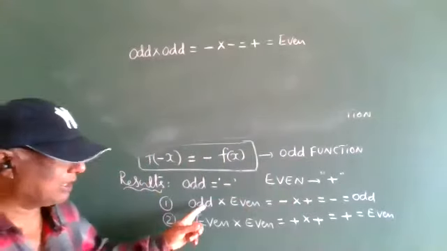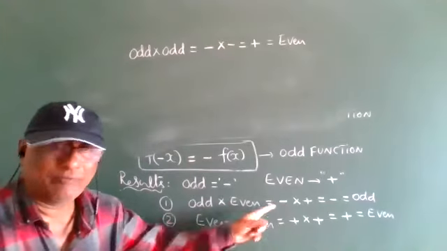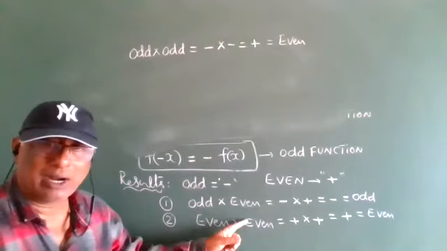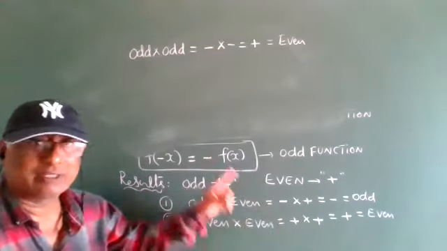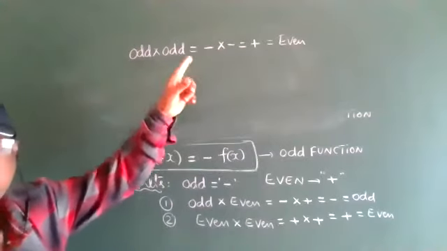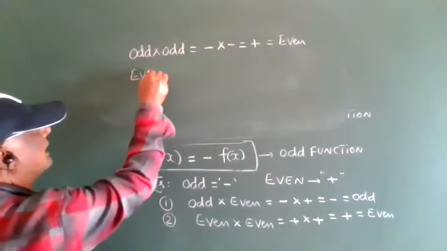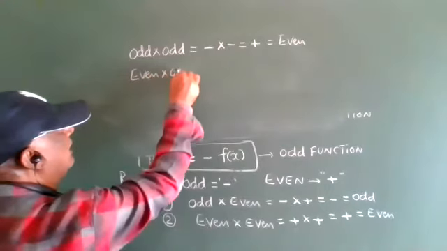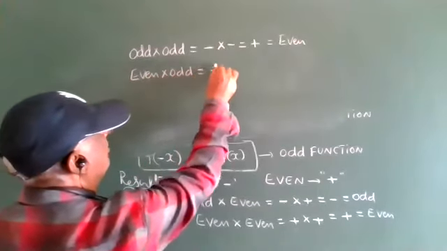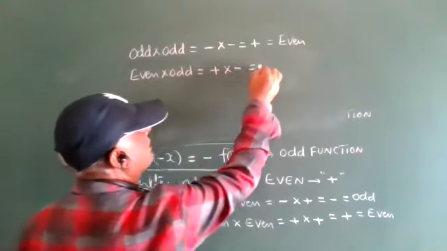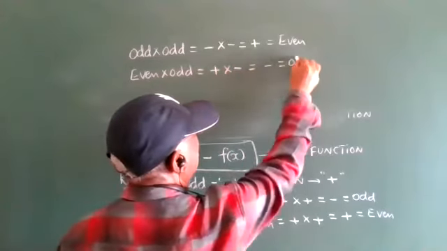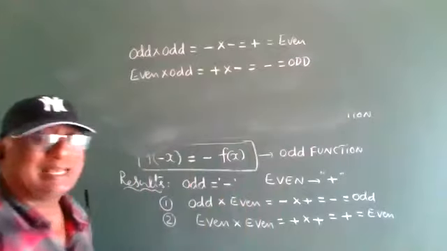So the results: odd into odd is an even function. Even into odd is positive into negative, which is negative, that is an odd function.